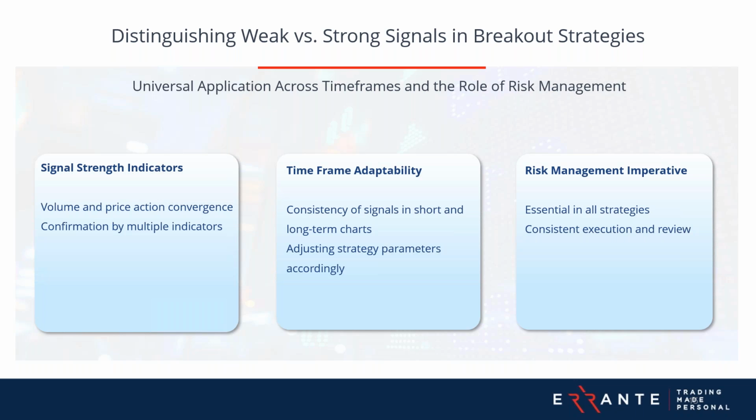It doesn't matter if you've got the strongest signal on a monthly chart or a fleeting chance on a 5-minute ticker. Without a plan to manage risk, you are venturing into the forest without a compass. So we set our stop losses just as we would carry a map and compass on a hike.